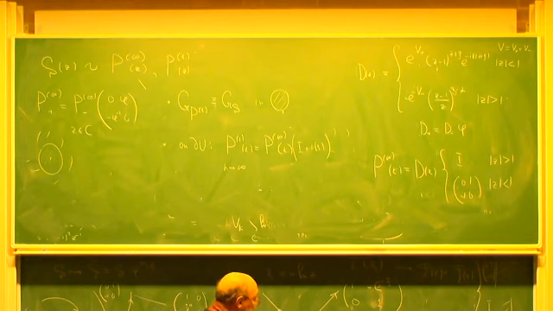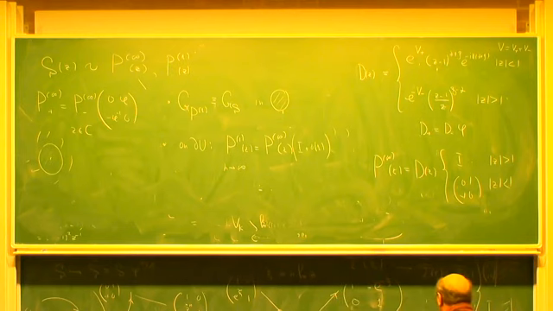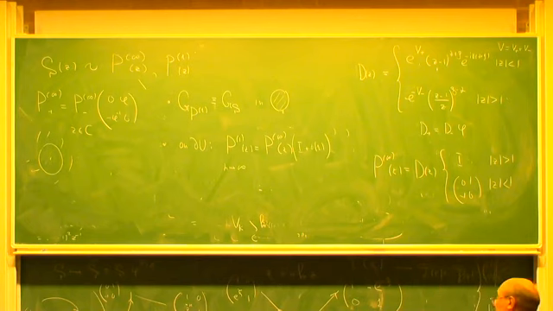Next, I'm going to get rid of this thing. So I'm going to go from phi 1 to phi 2 in such a way that I only change my function in these domains.